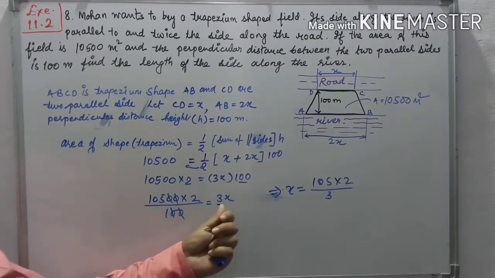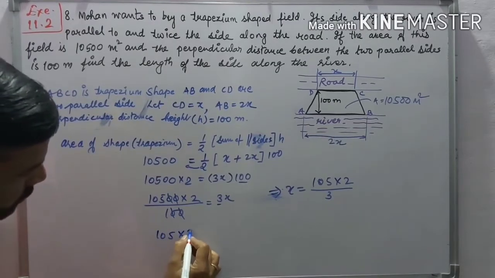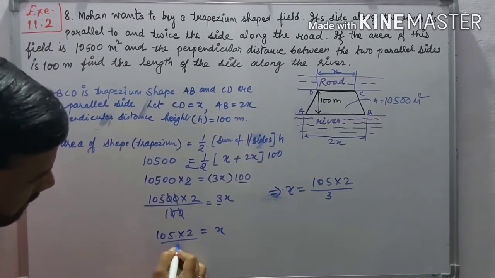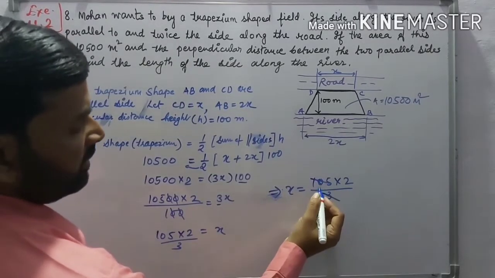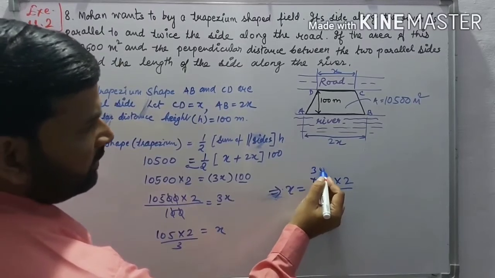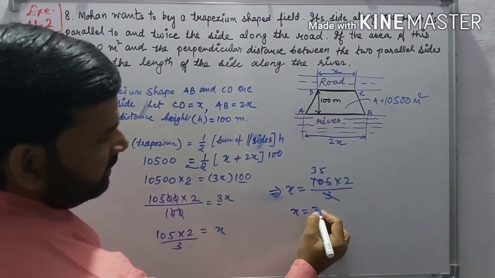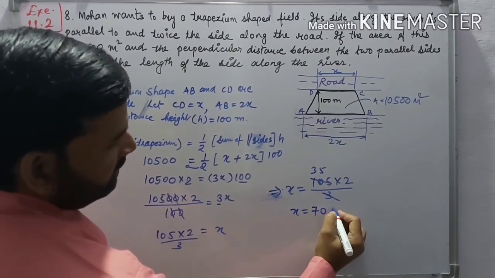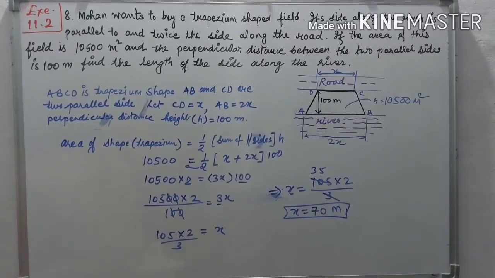Because 3 here is a multiplication sign, it will be transferred, that's right. 105 into 2 is equal to x, and 3 will be transferred. So now we write 3 1 ja 3, 3 ja 9, and 1 carry, 3 5 is 15. That x is equal to 2 multiply 35 is 70. So that is 70 meter, the length of the roadside.